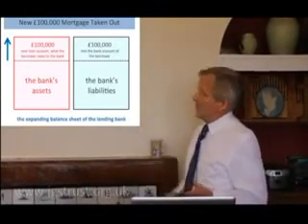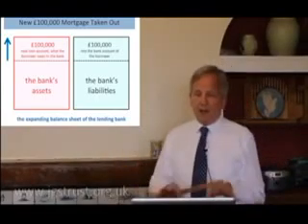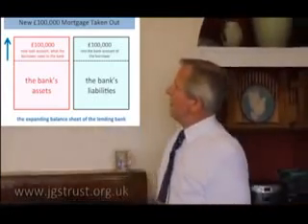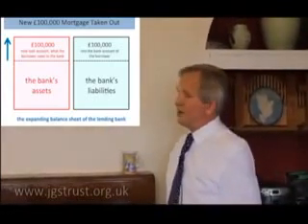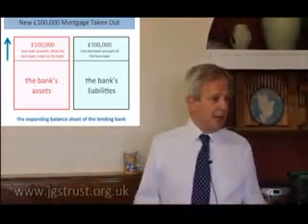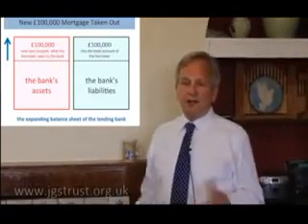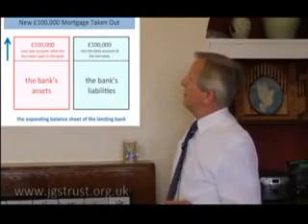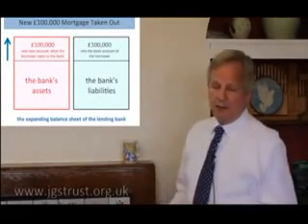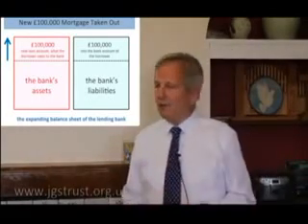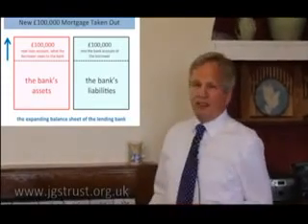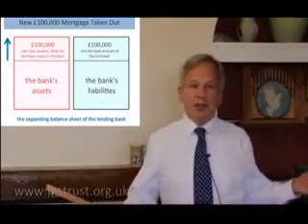So what's happened here is somebody in the bank has approved a loan and has just typed in £100,000 onto the asset side of the bank's balance sheet, however that's represented in the computers, and has typed in £100,000 into the current account of whoever's going to receive the money. No stuff has moved, two numbers have changed.